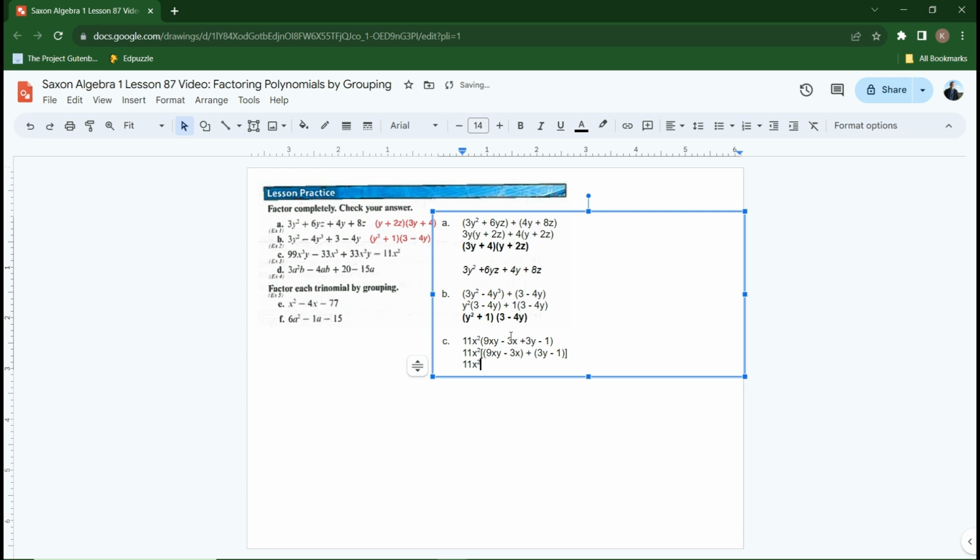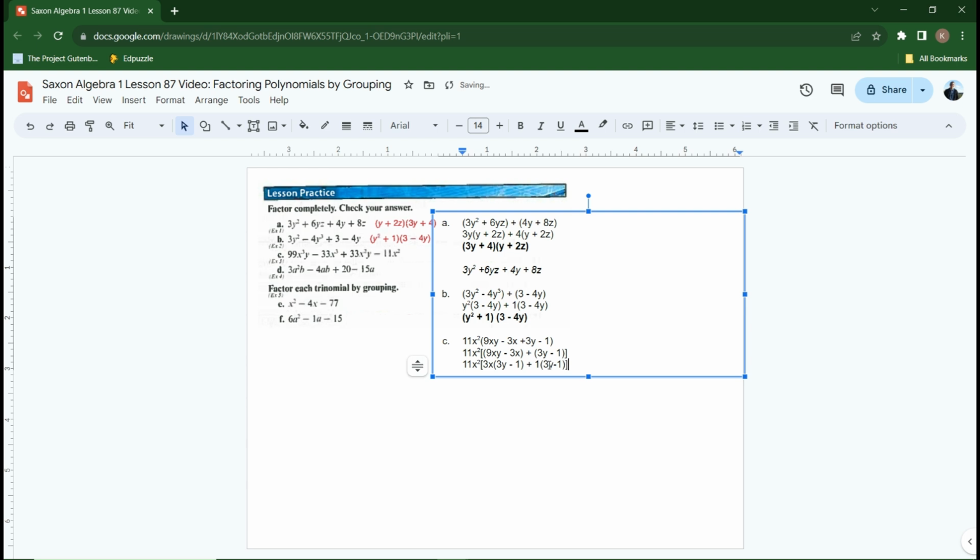Okay, now I'm going to factor out anything else that I can. I noticed that I can factor out a 3 from this first step, 3x actually. So it's going to be 3x. Let's see, I'll pull that out front. 3x times 3y minus 1 plus 1 times 3y minus 1.